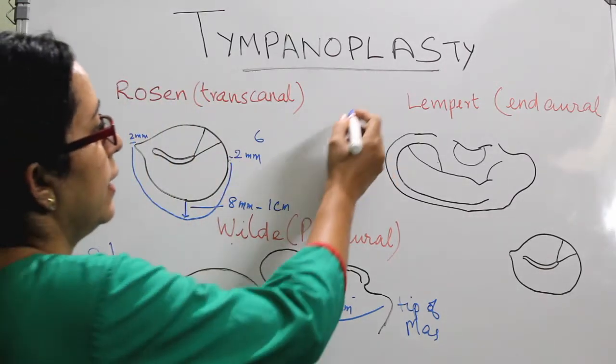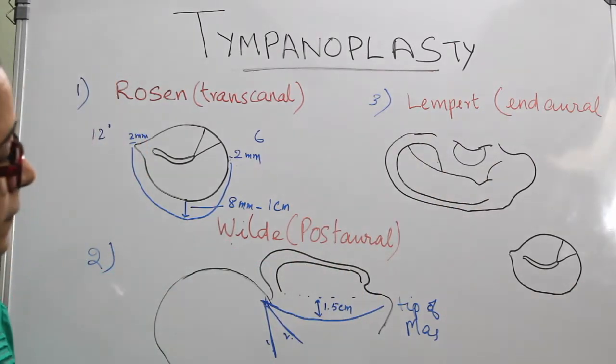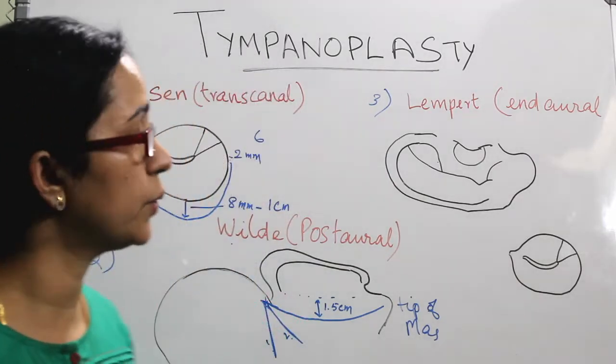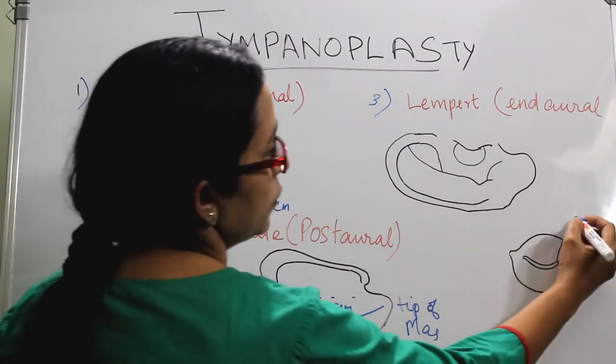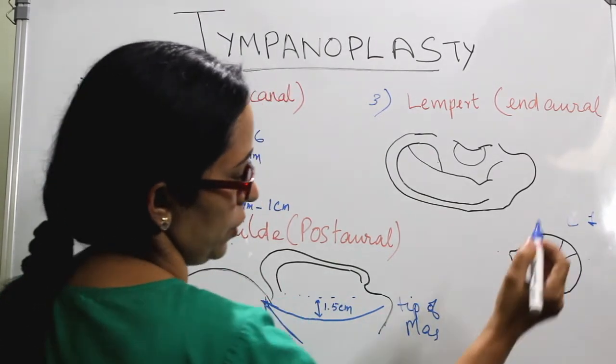Then comes the Lambert incision, that is an endaural incision. Actually, Lambert has 2 parts, Lambert 1 and Lambert 2. In Lambert 1, again this is 12 o'clock and this is 6 o'clock.